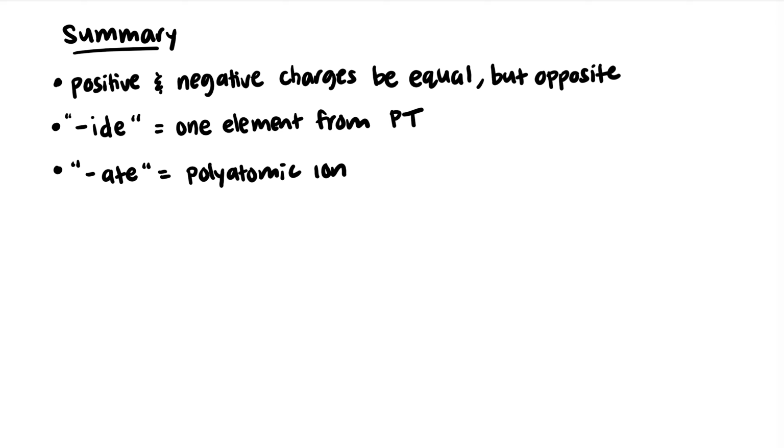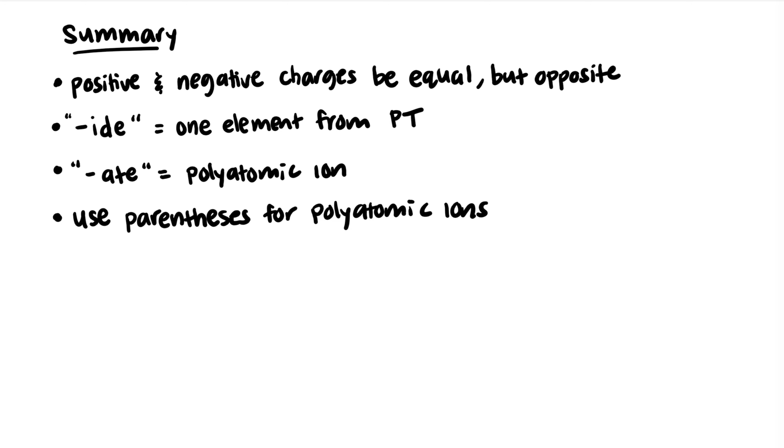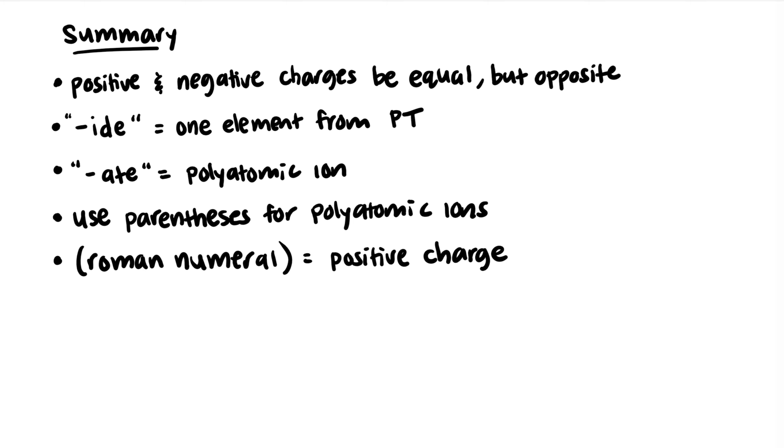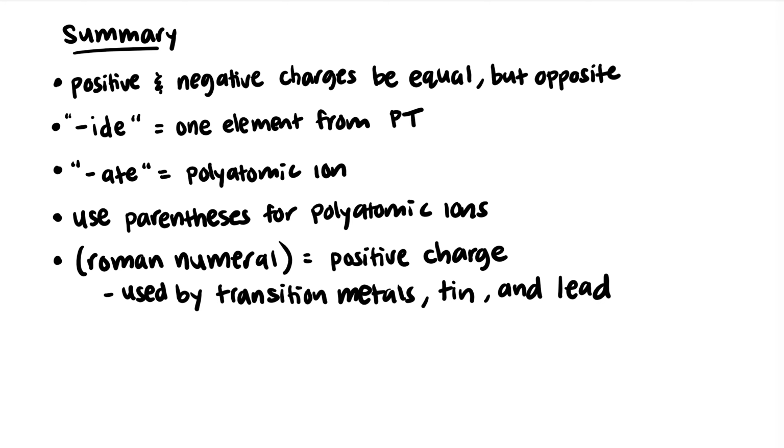Refer to your polyatomic ion sheet. Use parentheses for polyatomic ions. When you see a Roman numeral inside of parentheses, that is the positive charge of the metal ion. And Roman numerals are used by transition metals and then also tin and lead.